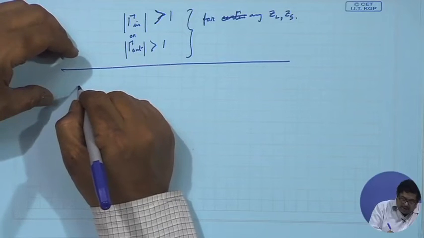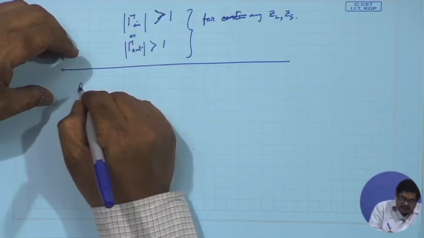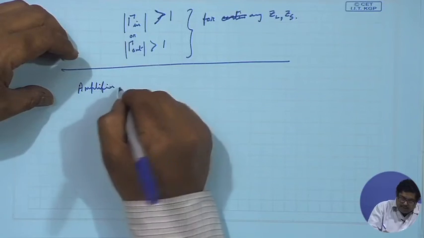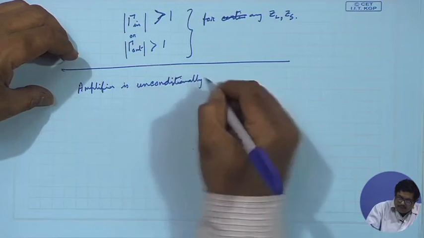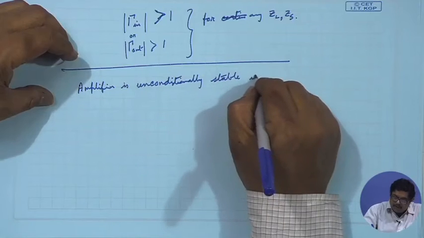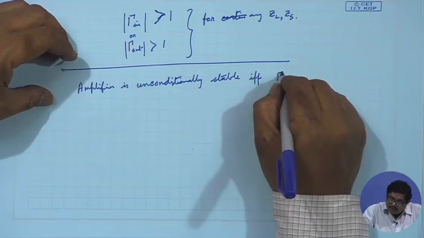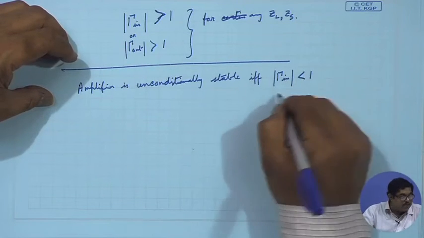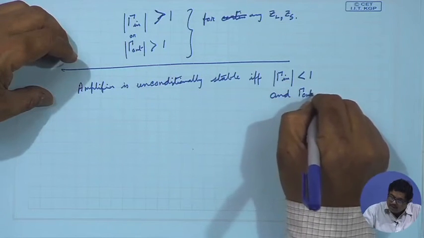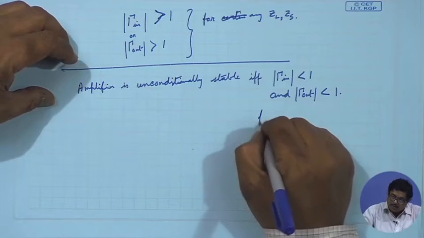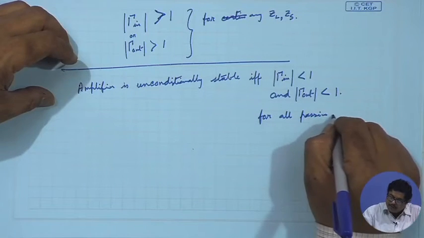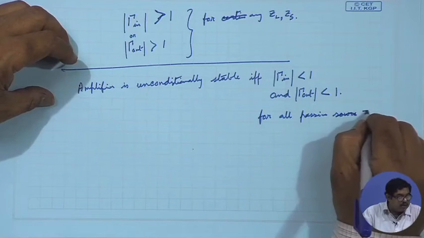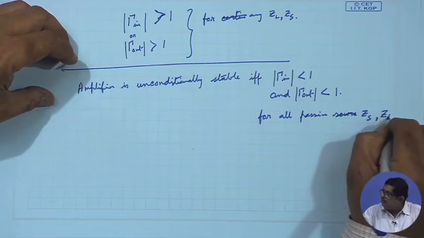So, the whole stability problem we break into this. My amplifier is unconditionally stable if and only if gamma in is less than 1 and gamma out is less than 1 for all passive source and load impedances, ZS and ZL.